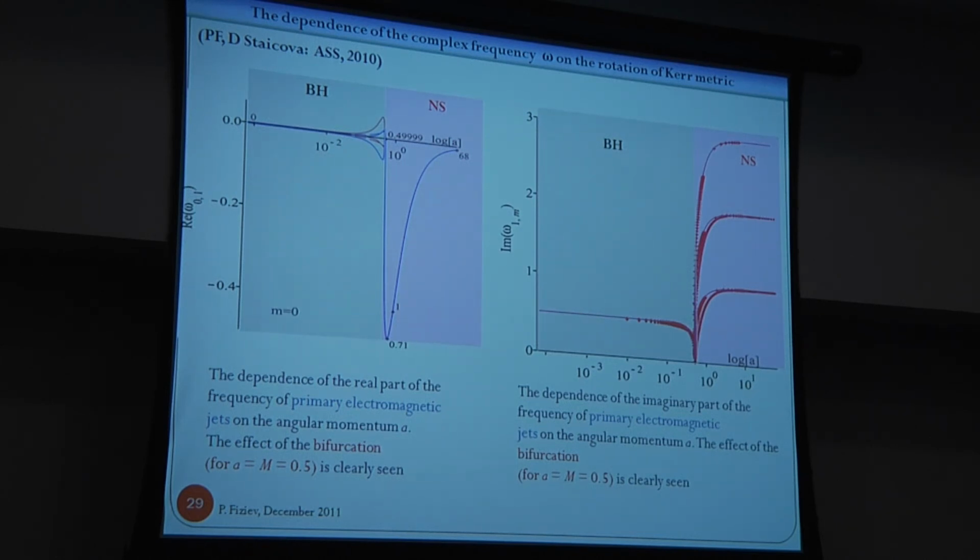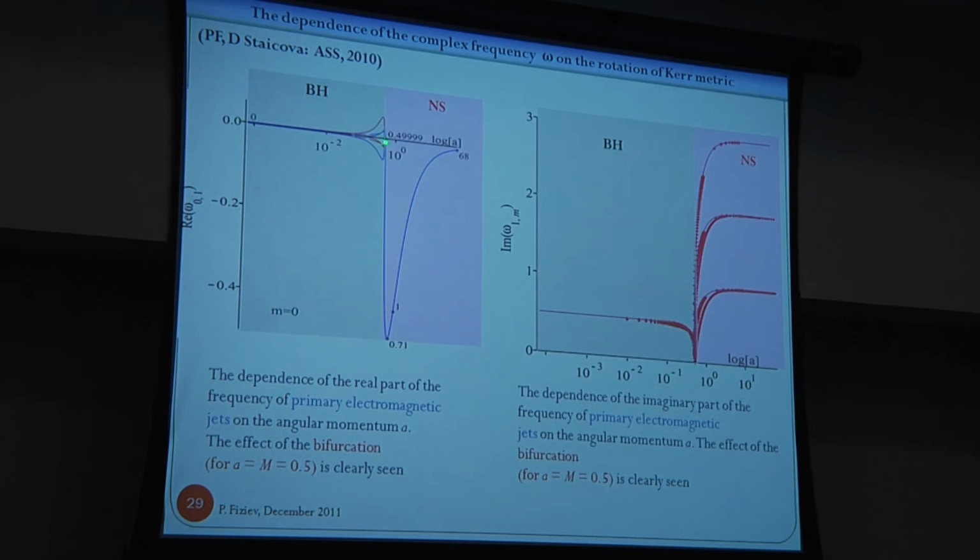It turns out that for jet solutions in both cases are stable. This was quite unexpected because people usually think that a naked singularity gives non-stable solutions in perturbation theory. It depends on the boundary conditions. If you use jet boundary conditions, it turns out that jets from naked singularities are stable.